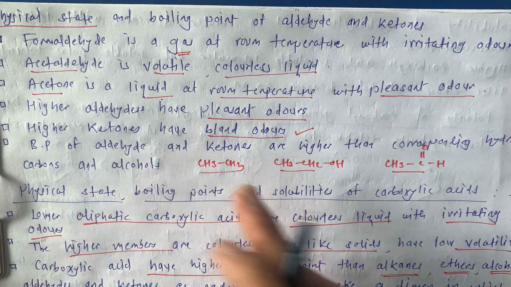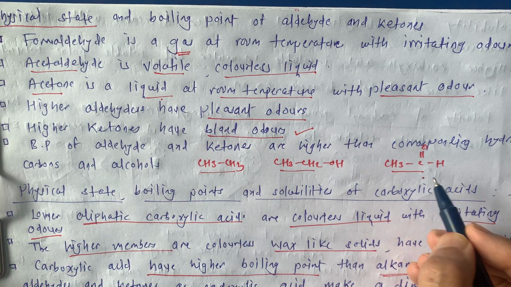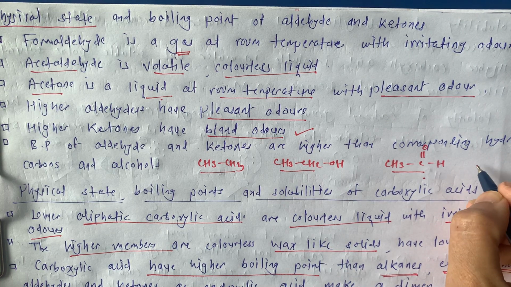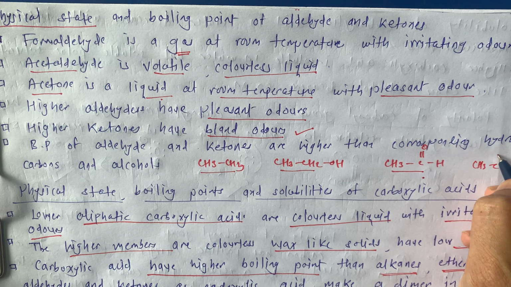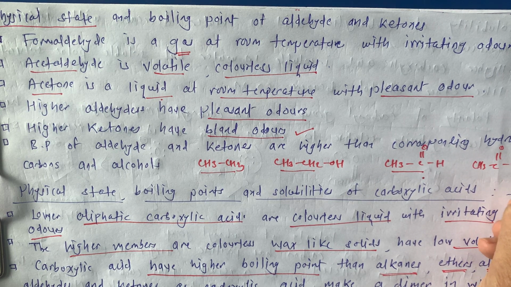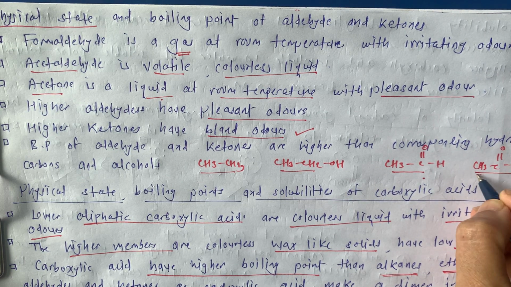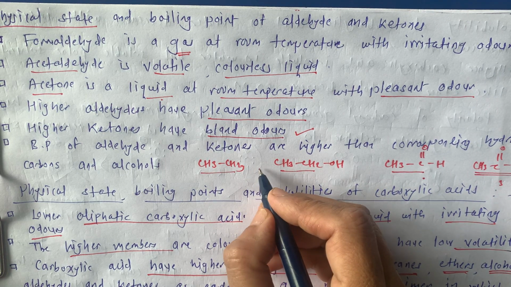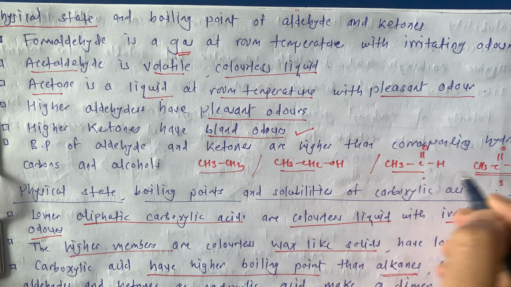Then for the boiling point of aldehydes and ketones, for the ketone you have to take a 3 carbon compound. The first example of the ketone is our acetone, and there are 3 carbons, not 2 carbons. So we can compare between these 3.